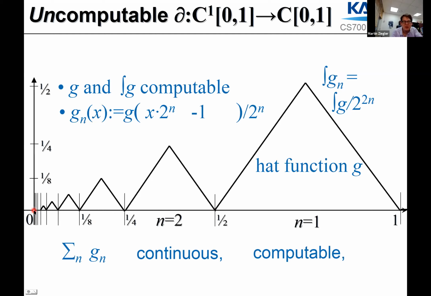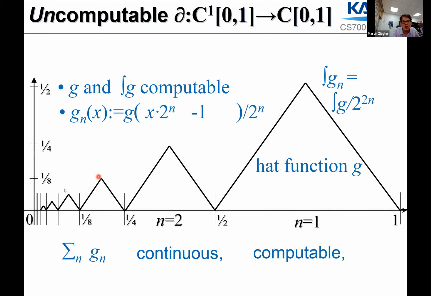But since the function sequence converges to 0 with height 2 to the minus n, that means we can easily also compute the function. Namely, given a real argument, we can check whether the argument is sufficiently large, larger than 2 to the minus n, and if so, then we pick the corresponding head in the sequence.